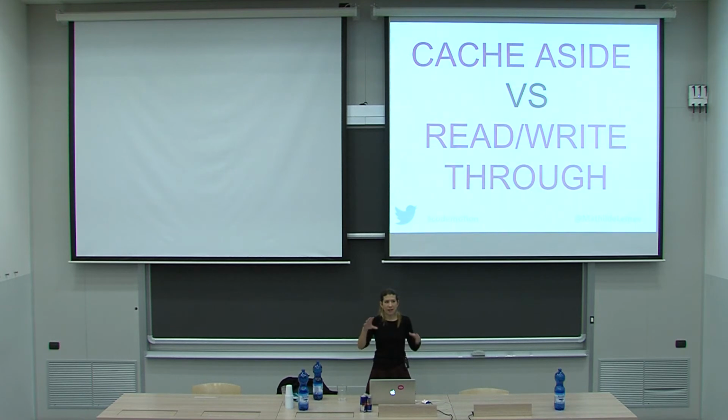When you get to write behind, you remember write behind is like asynchronous read through, write through. You will really have to deal with failure on your system, because if you get maybe 2,000 key updates on your background thread and everything fails, what should you do?